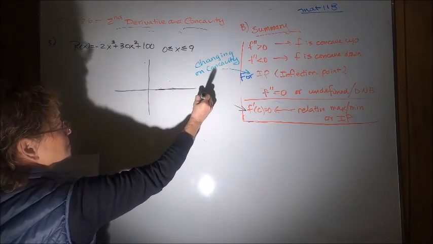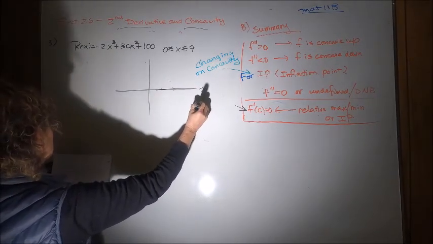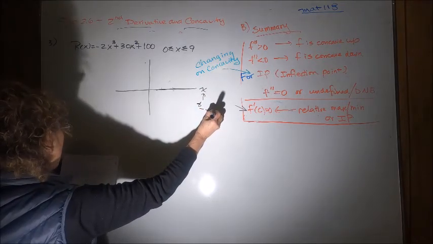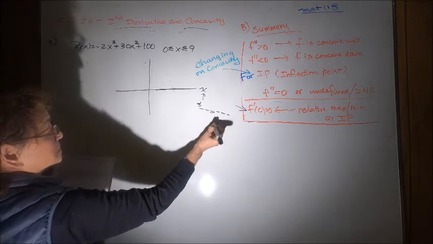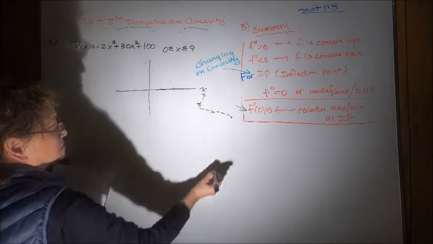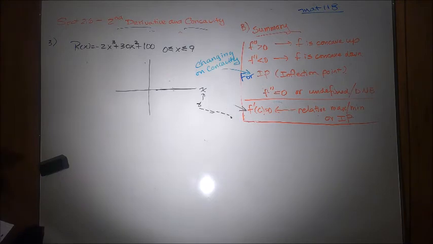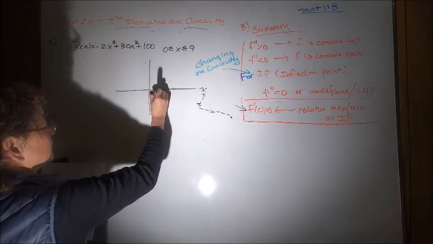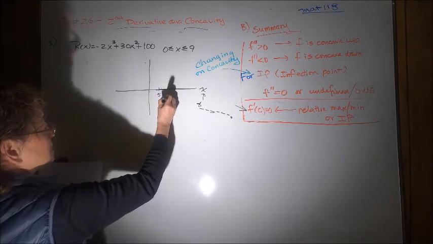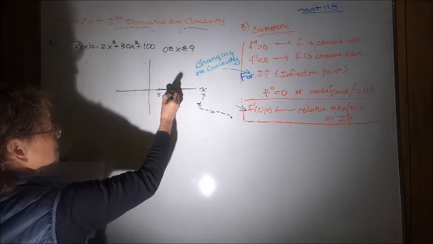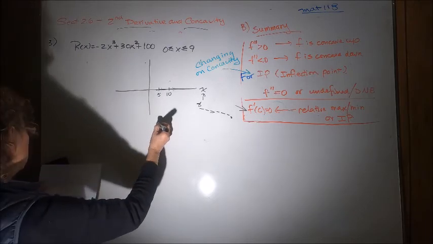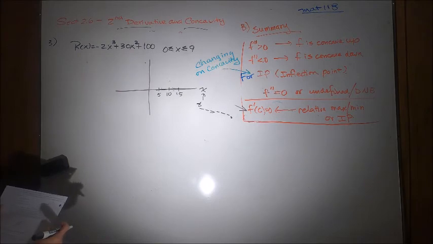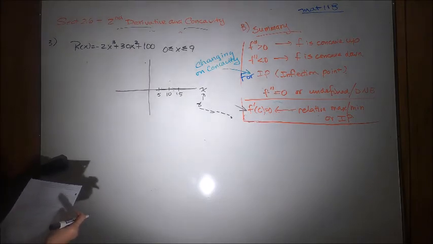So x is in units of $100,000 in advertising, right? So you have 500,000, and 10 means a million. So it's between 0 and 9.